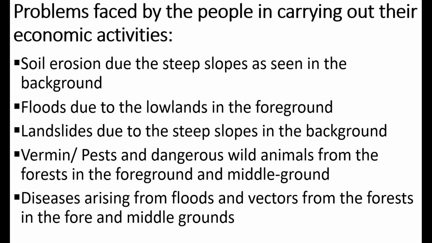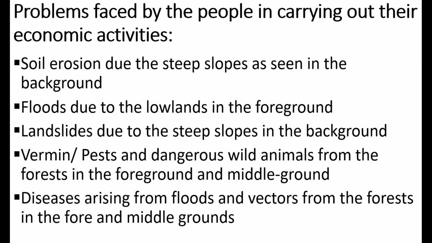There are some forests in the middle ground, and some in the foreground. And there's some that we can also see in the background, in the valleys of the hills. So those are sources of vermin or even dangerous wild animals.